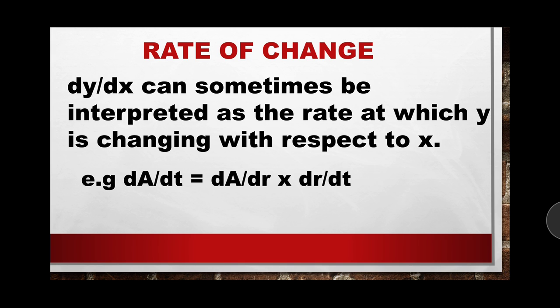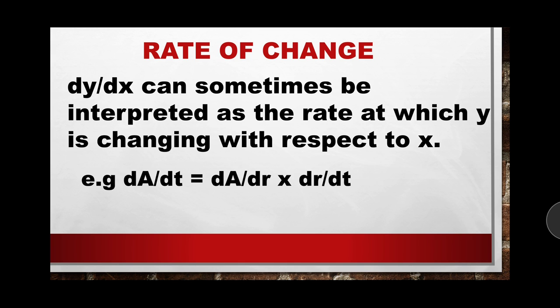And a very important thing you need to note here is if we are requested, they say the rate at which area changes, and that is what we refer to as dA/dt.